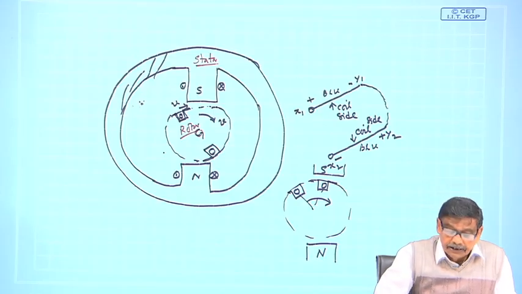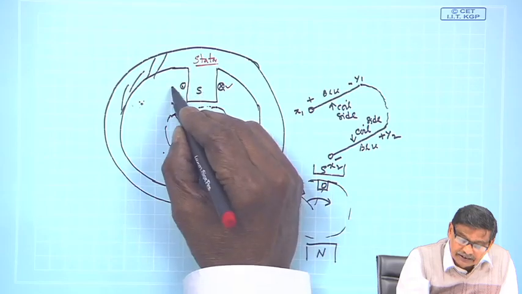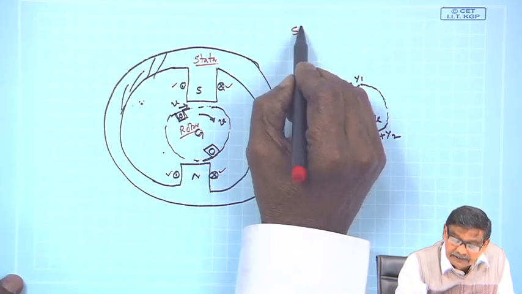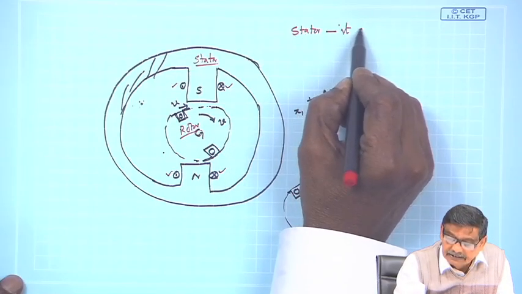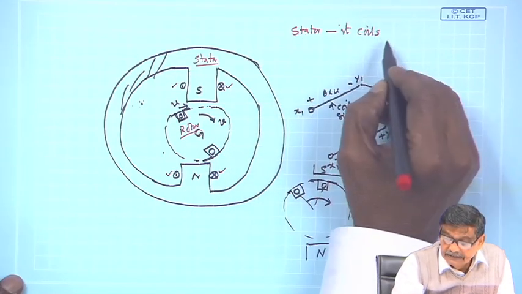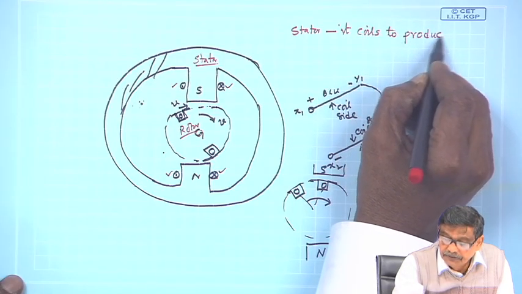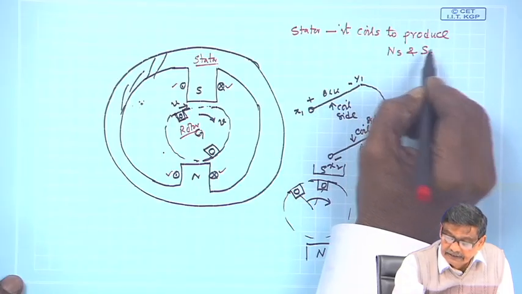The stator body will have some windings, for example, these coils carrying current. So the stator is one part and it has coils to produce field, to produce NS and SS. What is this?